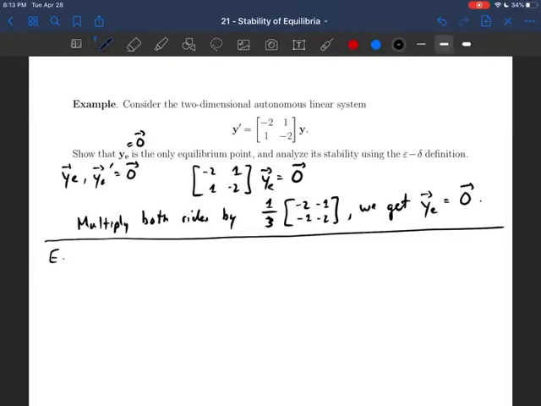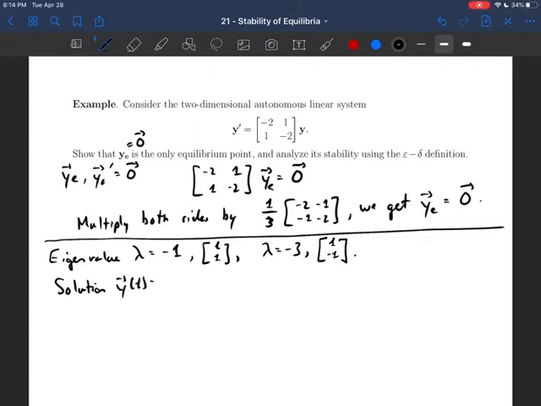Okay, so we've got this one equilibrium. Can we show that it is stable? Well, it begins with the solution in this case. Now, I've done the work ahead of time, and I know what the eigenvalues and eigenvectors of this matrix are. So I have an eigenvalue, lambda equals -1, and it has an eigenvector 1, 1.